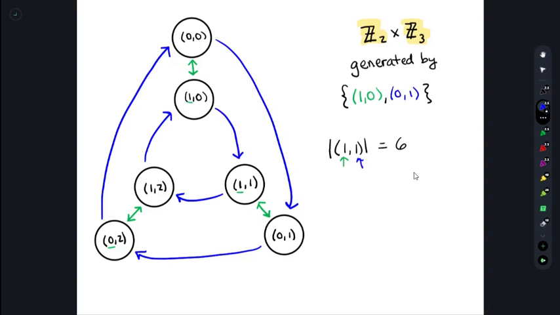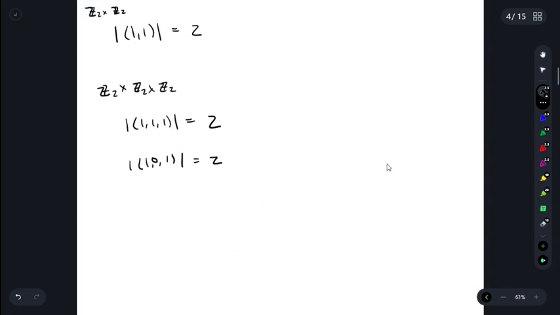And so we see that the order of (1, 1) is equal to the least common multiple of 2, the order of the first element, and 3, the order of the second element. In Z2 cross Z2, the order of 1 in Z2 is just 2. So that came from the least common multiple of 2 and 2, which is just 2.